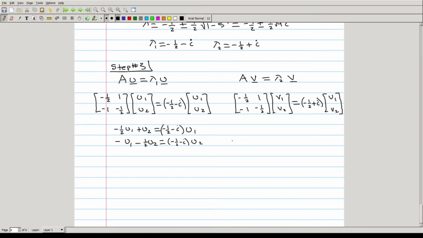But ultimately what happens is that you get that the eigenvector, when this is solved, is of the form s times the vector i, 1, and you get that the eigenvector v is of the form s times negative i, 1.